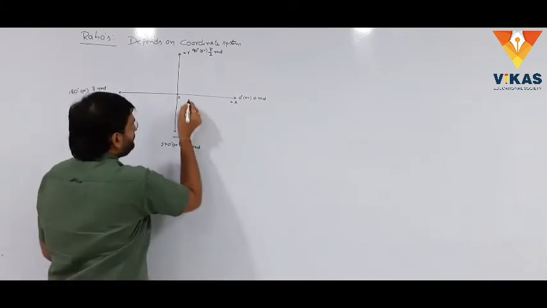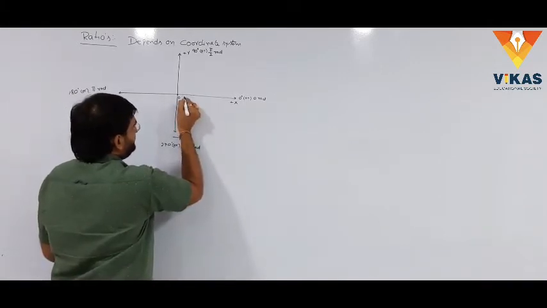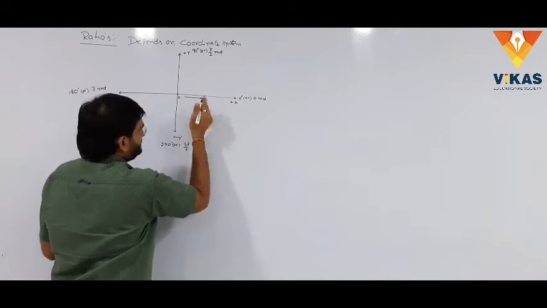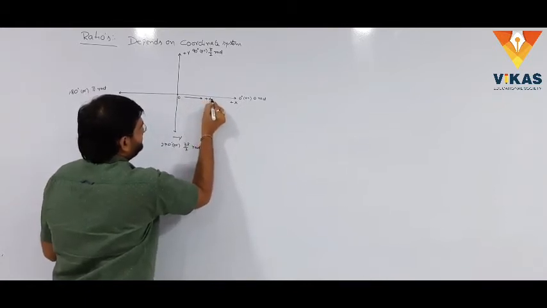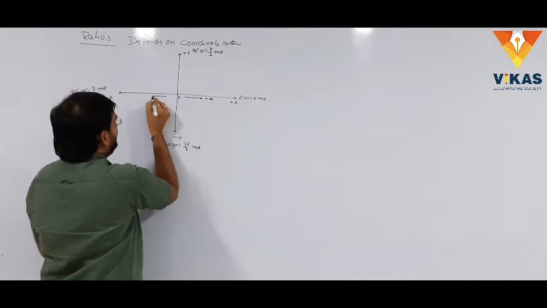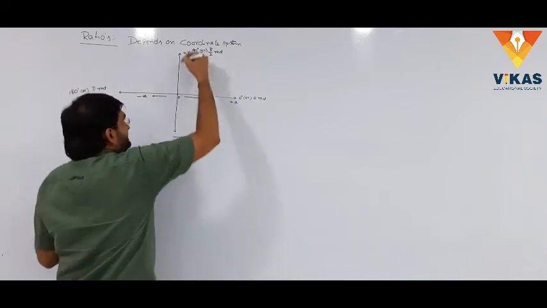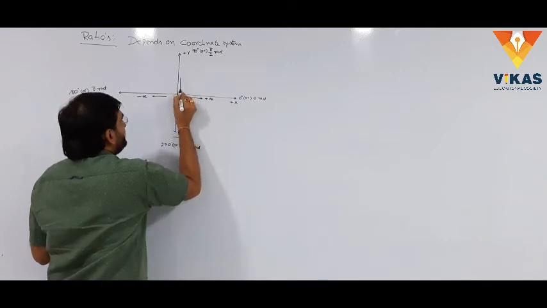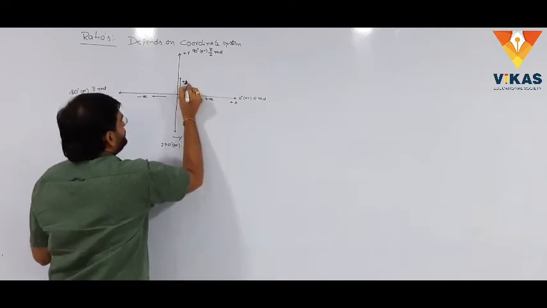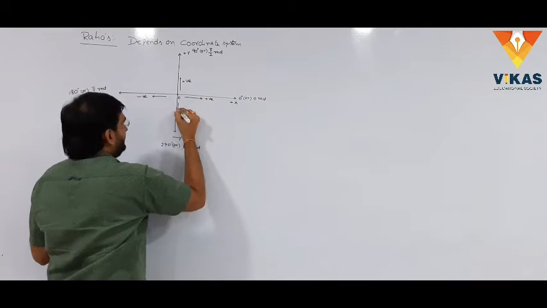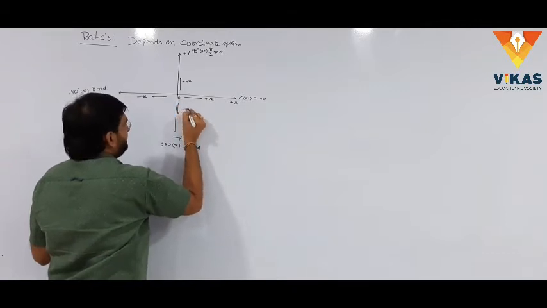Generally, all the distances measured along the positive x-axis are positive and negative x-axis are negative, and all the distances measured along the positive y-axis are positive and negative y-axis are negative.